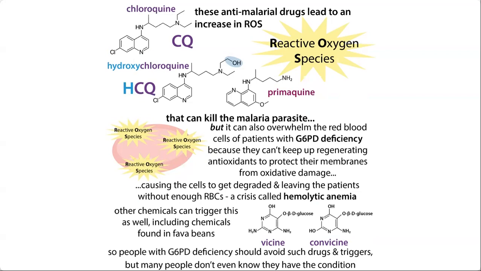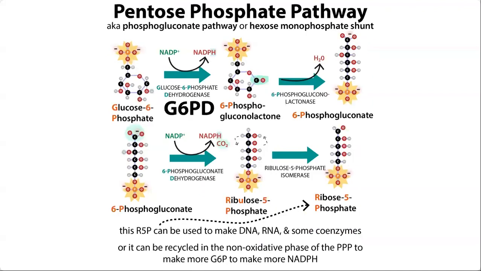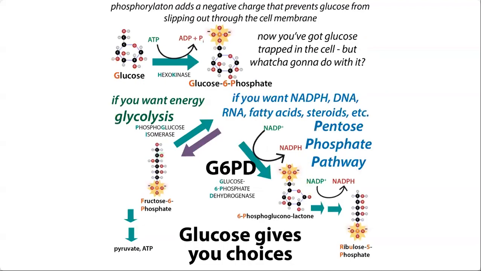There's also other chemicals that can trigger this, including ones that are found in fava beans. So people with this deficiency should avoid such drugs and triggers, but many people don't even know that they have the condition because it's not routinely screened for. But that is your G6PD connection, which again was that enzyme, the first enzyme in the pentose phosphate pathway, which was an alternative fate for glucose.